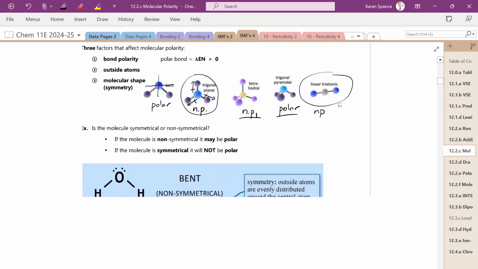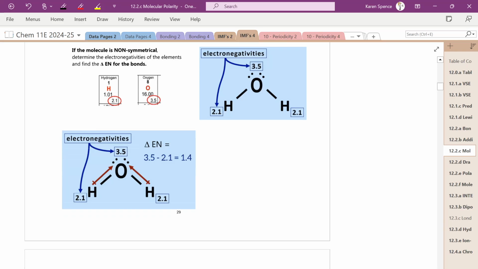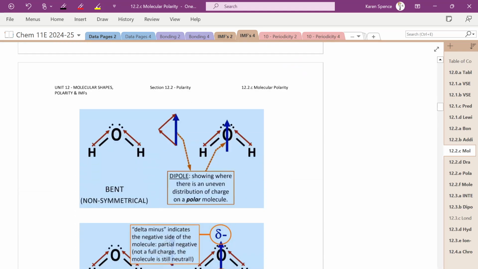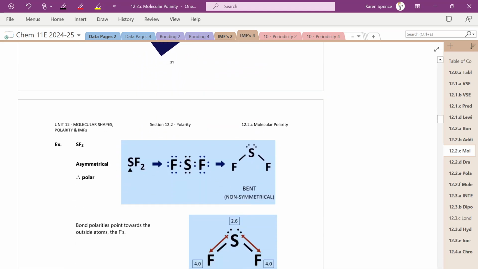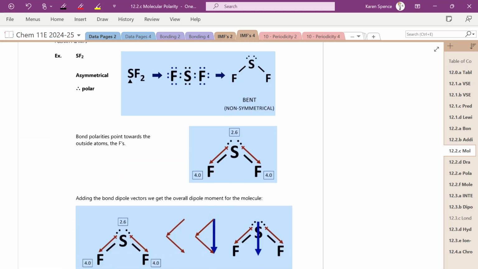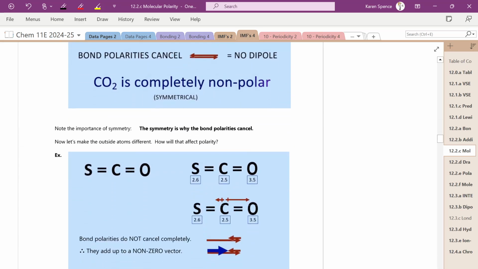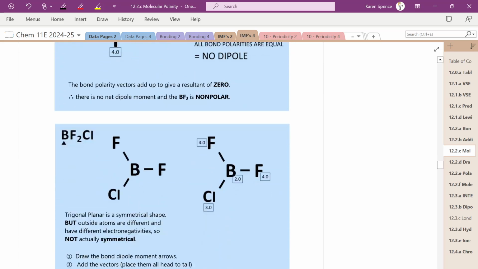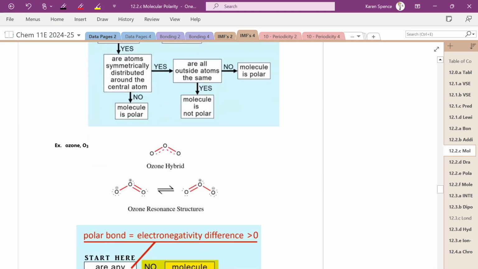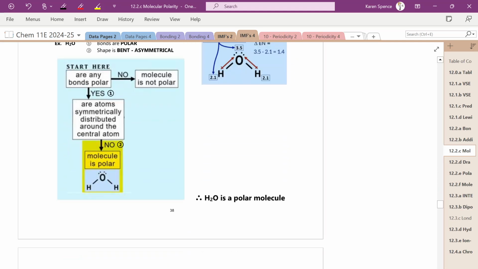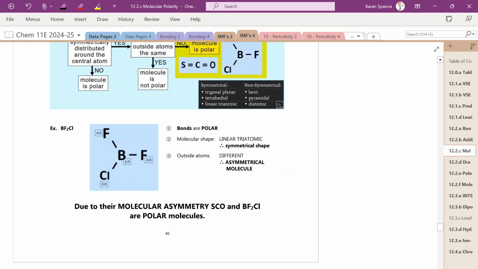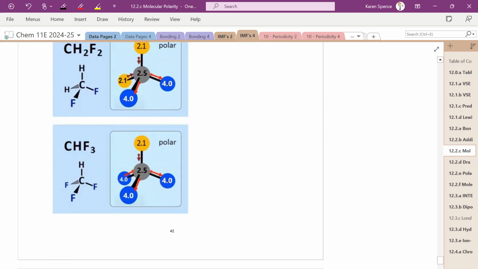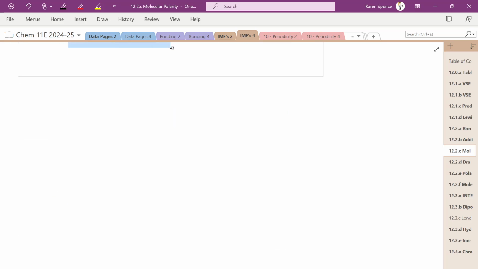Nonpolar. There's a whole bunch of adding of vectors and things. Do we have any questions on here?